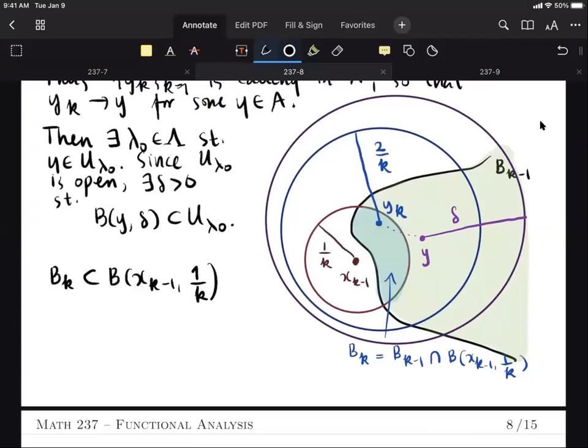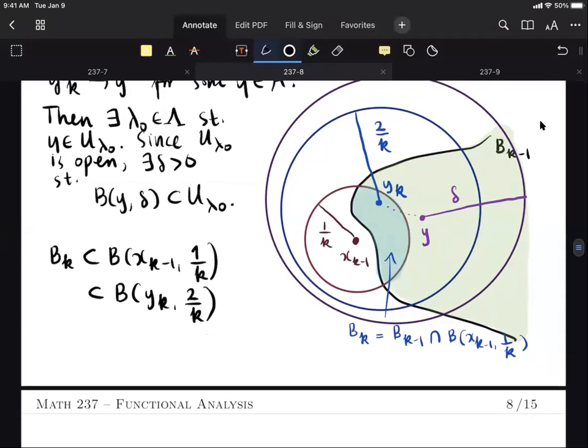And then you can show that this is contained in the ball centered at y sub k with radius 2 over k. And you can simply establish this using the triangle inequality.